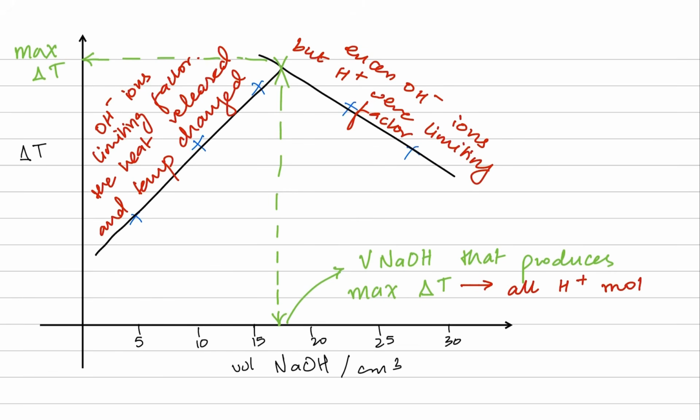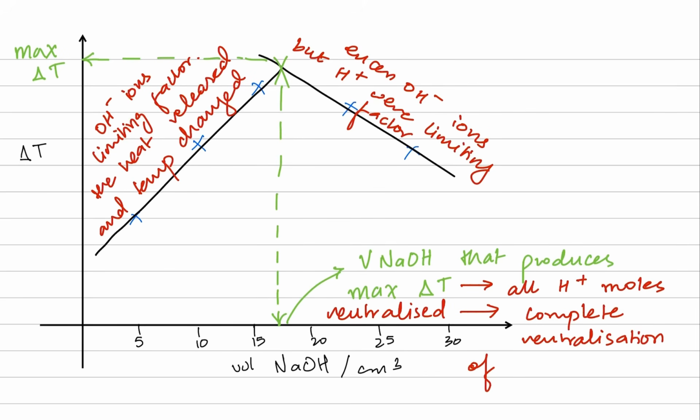That is because all the H+ ions were neutralized by the alkali. So all the moles of H+ ions were neutralized, because complete neutralization occurred of those 15 cm³ of H+ ions that were added. So 15 cm³ of 0.100 mol/dm³ HCl was completely neutralized to produce the maximum temperature change.